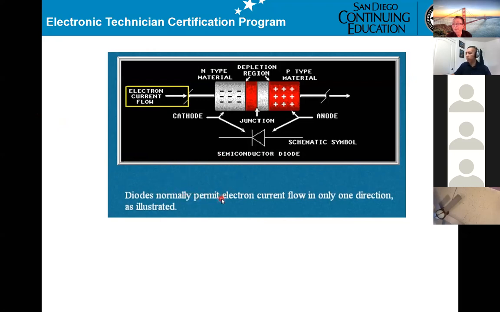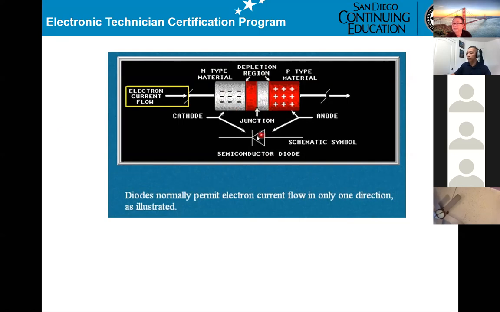So a diode normally permits electron current flow in one direction. Okay, these are more physical. We don't care much. You can see it contains negative electrons, positive holes, and this they call a depletion region. Okay, and the junction between positive and negative.